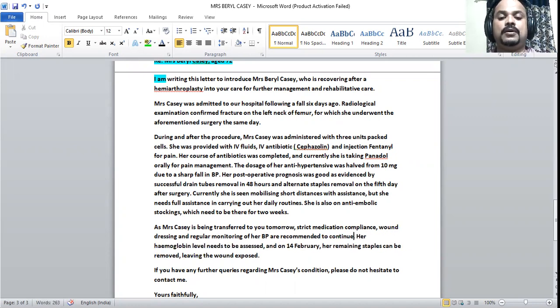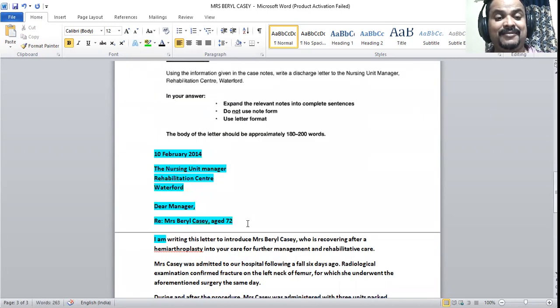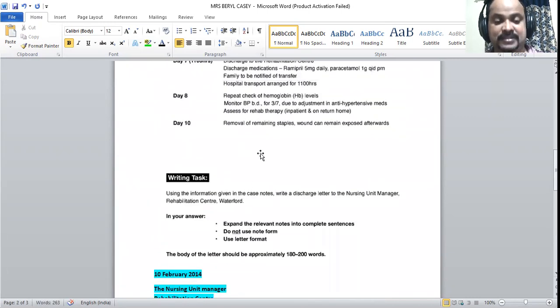So medication compliance is strict. We were doing that. Wound dressing, we were doing that. Regular monitoring of BP, we were doing that. Her hemoglobin level needs to be assessed. Okay, I can say reassessed. It means we said repeat.